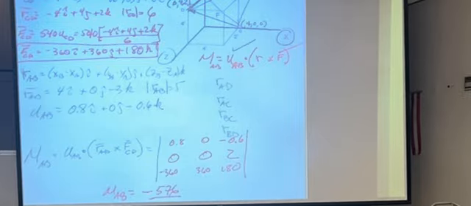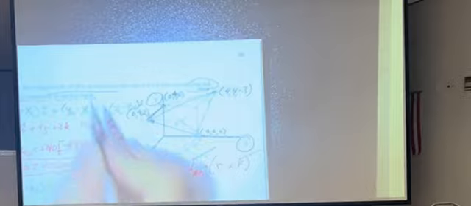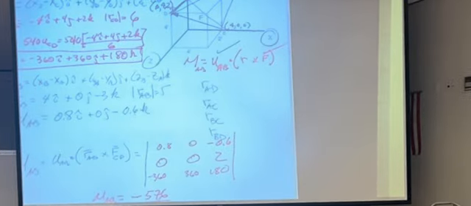Now, it did throw a little twist that says, hey, express this as a vector. Notice the question. It says, express this moment in vector form. Well, I'm going to say MAB is equal to minus 576 times the unit vector AB.